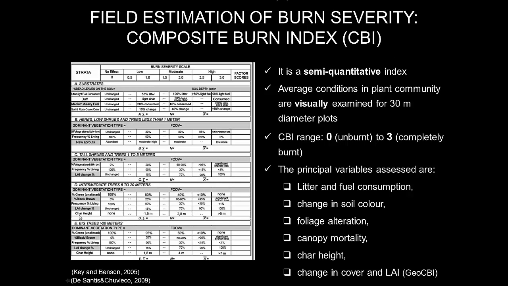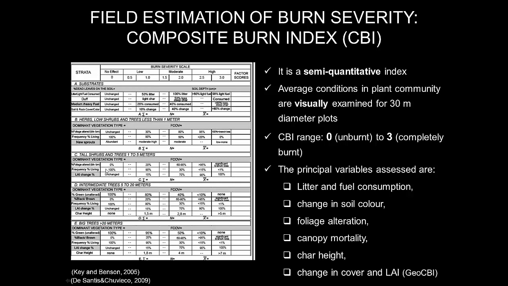Here you can see an example of the field sheet that is used to assess the burn severity of a plot, and the variables that are assessed are things like the litter and fuel consumption, the change in soil color, the foliage alteration, the canopy mortality, the char height, and a modification of the CBI by the scientist Chuvieco.